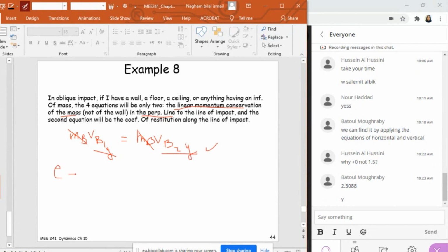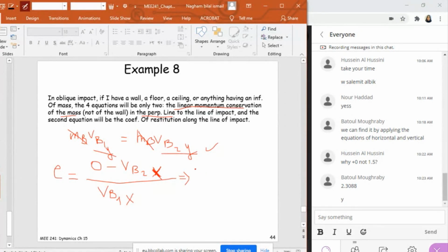The second equation is E along X, and this means that if I start by the wall, it's 0. We can start, of course, by VB2X, don't forget this X, it's very important. Do not put the module of the velocity. The magnitude of velocity is not correct, right, over VB1X. So it's always the negative ratio of the velocities along X, right?